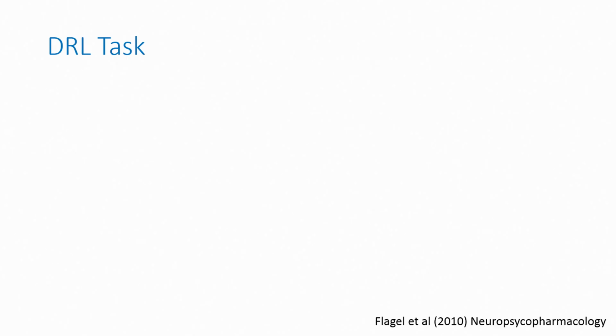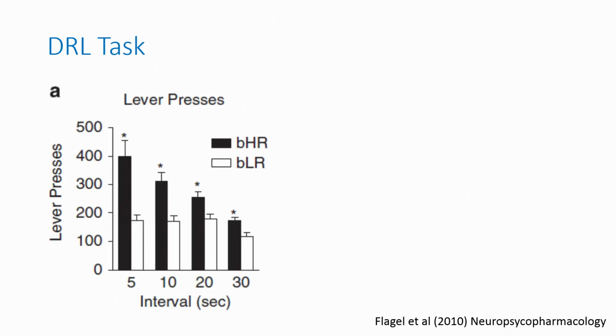And again the same paper, what they show is that for the high response group, when you have a lower period requirement, right, so if you have to wait for a shorter period without pressing the lever, they do it miserably as against the lower group.